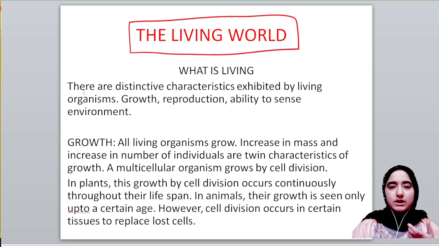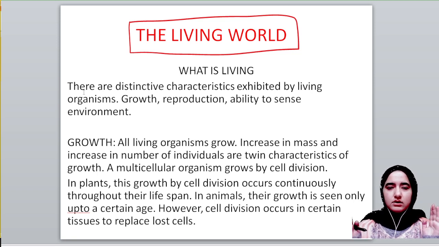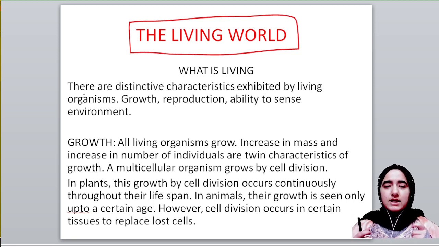What I actually mean by the ability to sense the environment is, for example, right now the atmosphere around us is very cold, so we wear warm clothes in order to protect ourselves from cold. That is the ability to sense the environment. We feel cold because we are able to sense the environment.